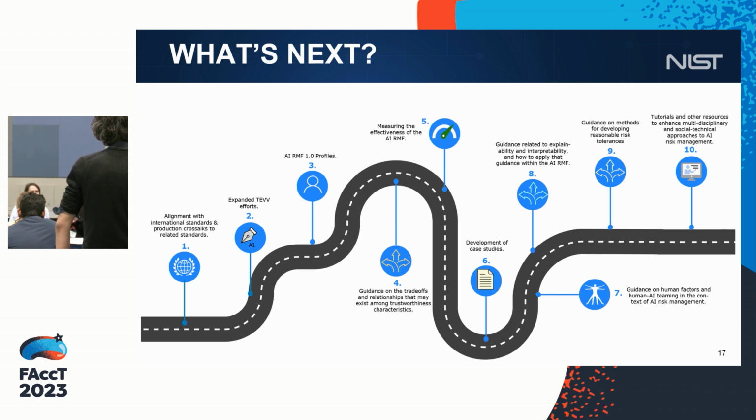These are all great questions, and this is what we love having this type of session. So that is our roadmap there, and a variation of what you just said is there. But really, to get there, this is a voluntary framework. It depends on how much people want to share with us, and so far it looks like they really like to share with us, and we are also thinking about other things that we need to do to keep up the engagement that we did on development of the AI RMF.